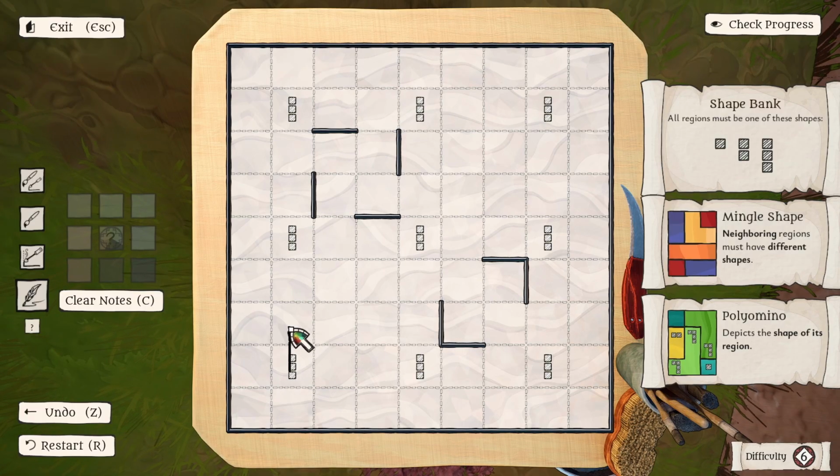So if that does that, either there is something here which will break symmetry, or the puzzle is symmetrical. If that does that, then this one is going to have to do that.